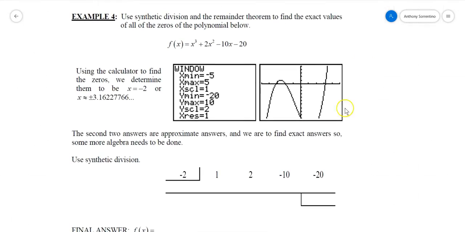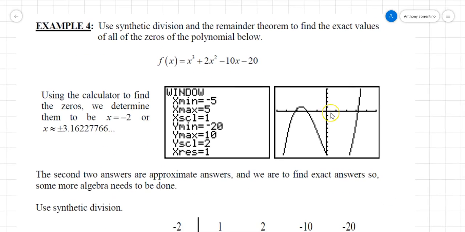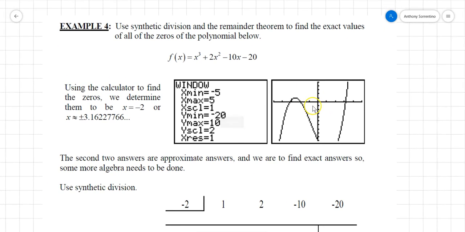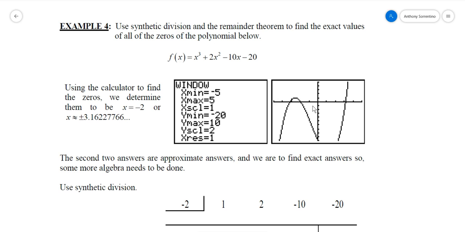So let's look at example 4. Now this is kind of getting into a situation where I'm using the calculator. I really don't have to use the calculator on this. If you look, you could use a group and factor method of factoring this and breaking this down in much the same way.